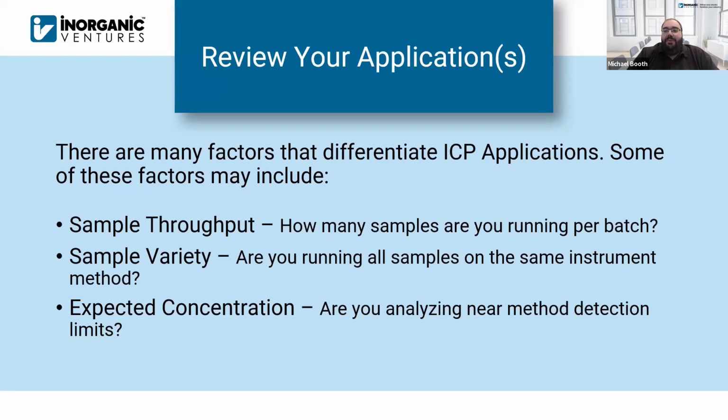We've talked to a lot of people that show up to work one morning and they'll have a mystery package on their desk and they have no idea what it is, and that's their samples that they're running for the day. And then lastly, you need to think about what's the expected concentration range with your method that you're wanting to analyze. So are you trying to measure near either instrument or method detection limits? Because that can be a little bit tricky to pull off, and you want to make sure you have the right standards for that approach.